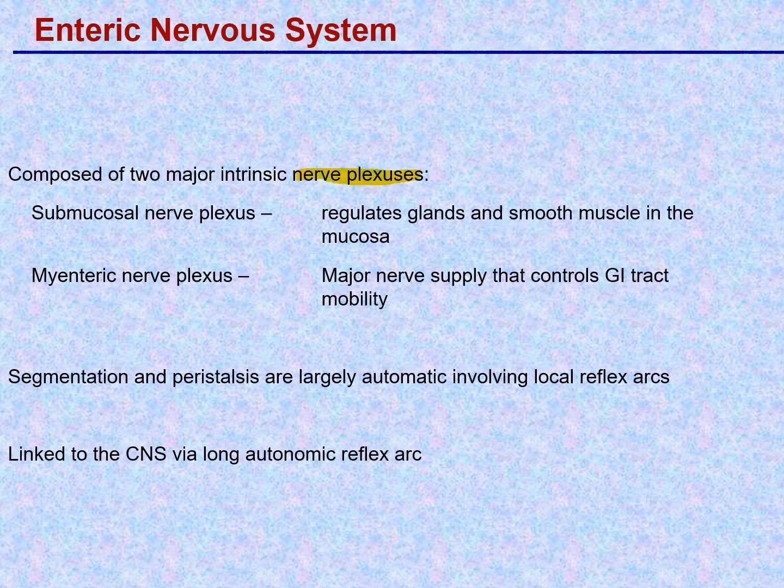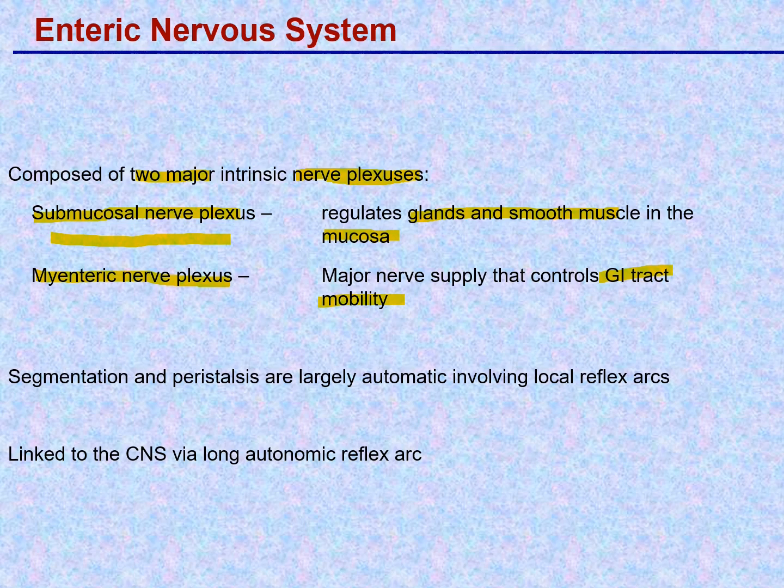The two major intrinsic nerve plexuses are the submucosal nerve plexus and the myenteric nerve plexus. The submucosal nerve plexus is in the submucosa, and it helps regulate gland activity and smooth muscle activity in the mucosa. And the myenteric nerve plexus is the major nerve supply for GI motility, controlling GI motility.